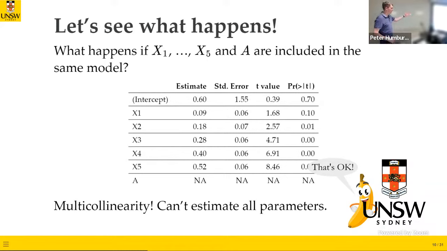And actually, if you look at the output, the estimates of the coefficients for the x's are pretty good, right? They should go from 0.1 to 0.5, and they mostly do. I mean, there's a little bit of noise, but this is fine. It did a decent job despite me throwing A in as a wrench into the works.